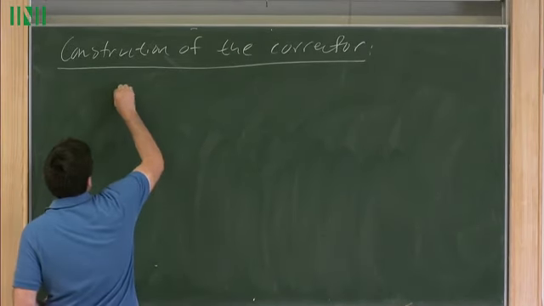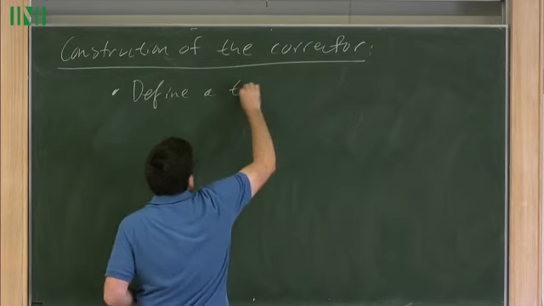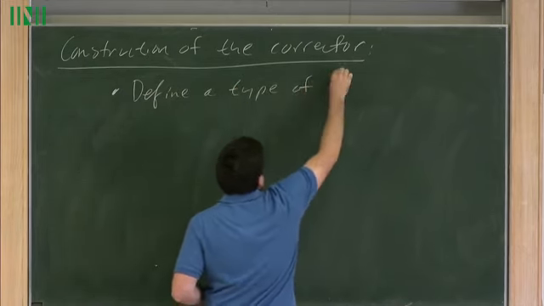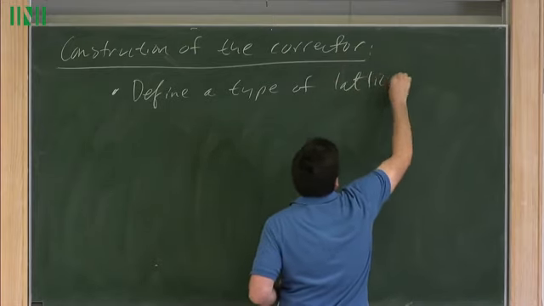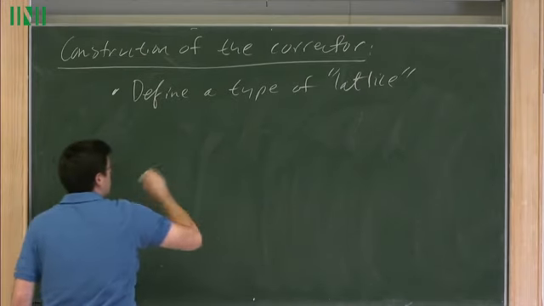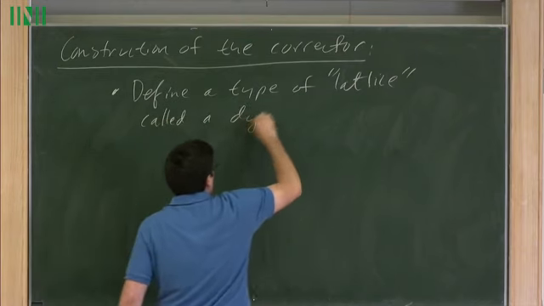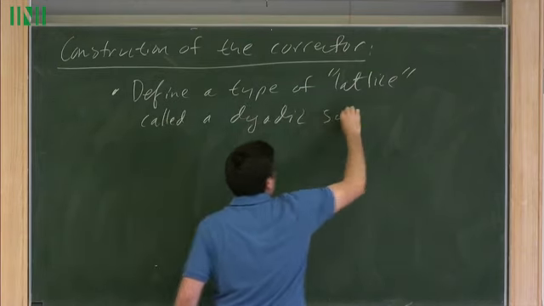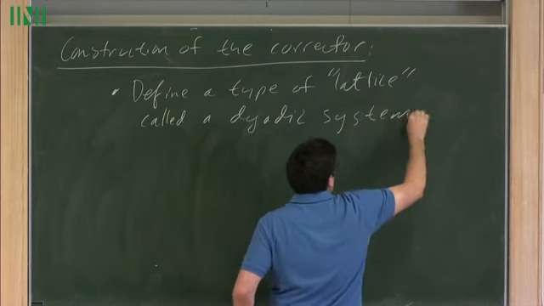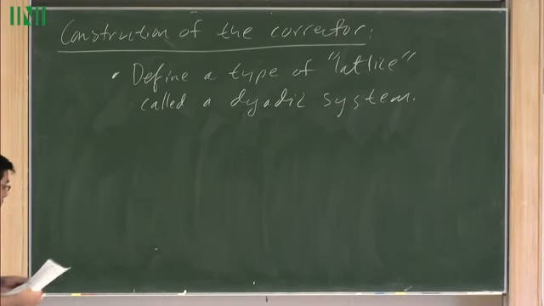Okay, so you define a sort of lattice, and this is in the paper called a dyadic system. Okay, and this is done in a careful way, so that you have the right sort of invariance modulo translations and rescalings.